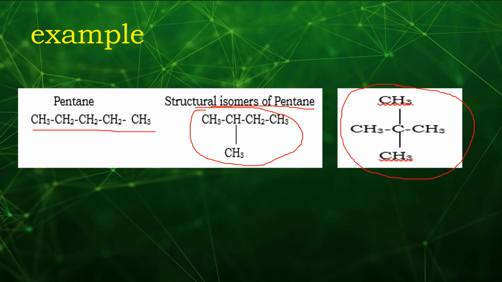So ano po yung napapansin ninyo? Lahat po sila ay mayroong molecular formula na C5H12. All of the structures here contain 5 carbon atoms and 12 hydrogens. So again, when we say isomers, same molecular formula but different in structure.